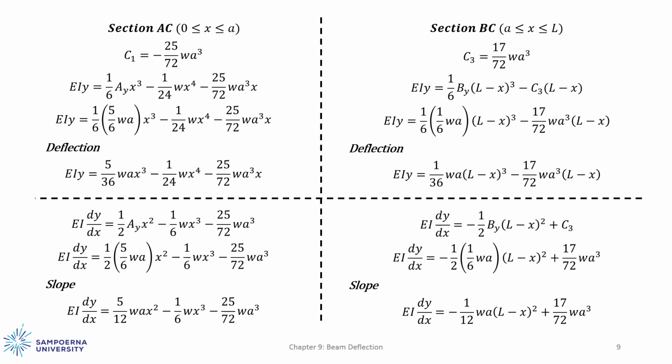Recalling the question, here we are asked to find the slope at A and the deflection at C. So we will use this equation instead because it already contains point A and point C. So our calculation will be simpler.